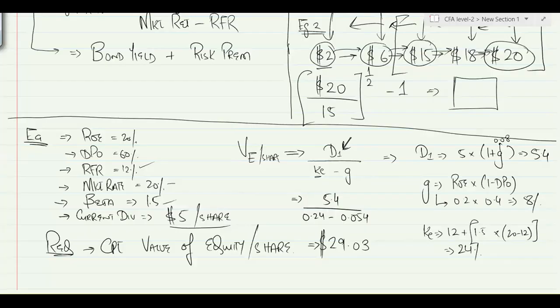Pardon me, I've used an incorrect growth rate. Human error. So growth is 8%. Sorry, it's 8%. So it should be 0.08 over here.